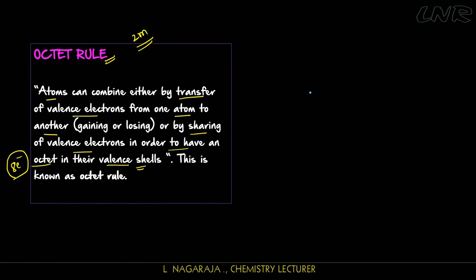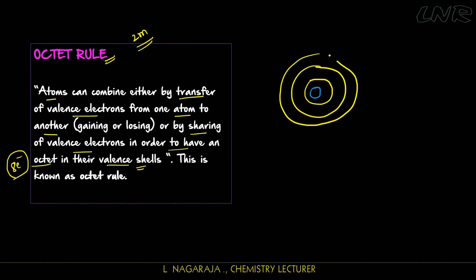For example, let us take the nucleus and the outermost orbit, that is the first shell, second shell, and the third shell. Let us take this as the last shell of the atom.